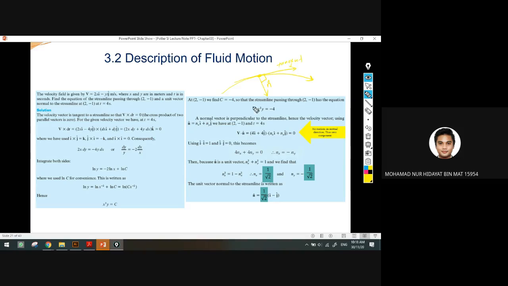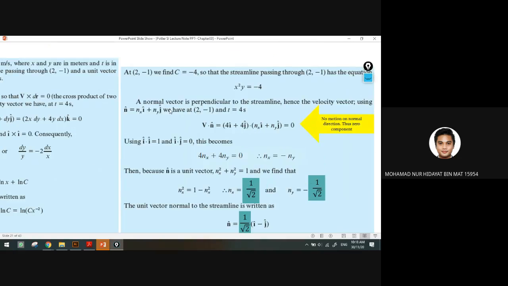So now the question asks, find the unit vector normal to the streamline. They ask you to find n hat. We call it n hat. A normal vector is perpendicular to the streamline, as I mentioned earlier.